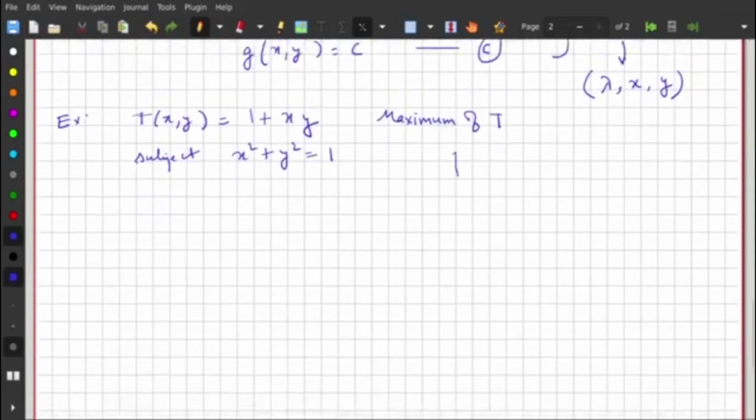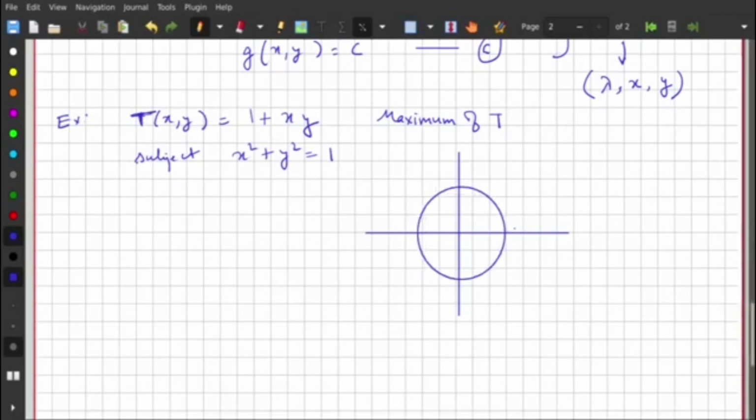So we want to find the maximum value of this function t, provided that x and y always stay on this circle, which is the unit circle, a circle of radius 1. Okay, so let's see how to do this.